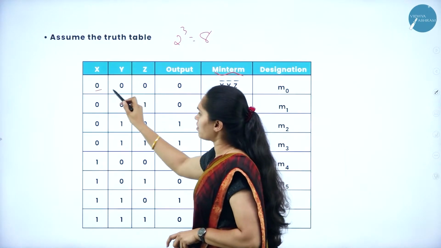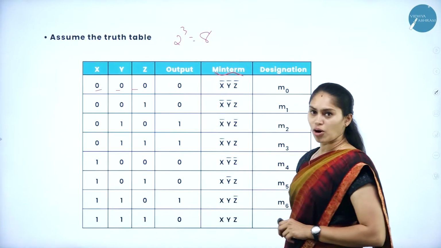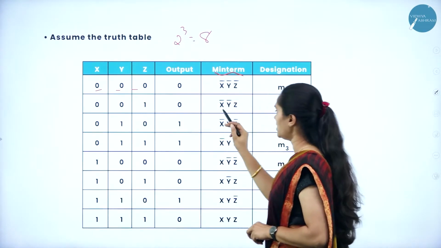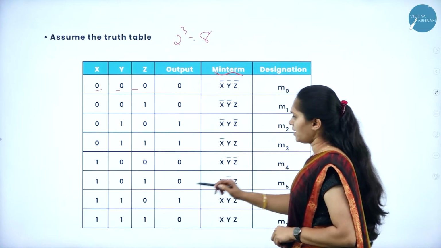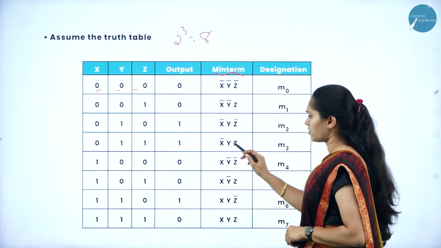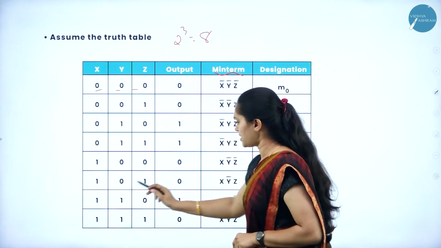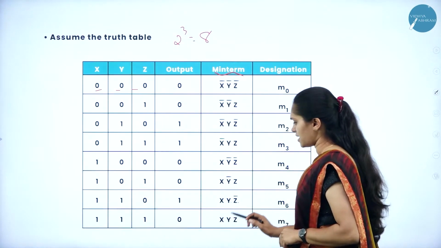So wherever we have 0, in the place of that variable, we are going to get the complemented value. So x bar, y bar, z bar for 0 0 0, x bar, y bar, z for 0 0 1, x bar, y, z bar for 0 1 0, x bar, y, z for 0 1 1, and x, y bar, z bar for 1 0 0, x, y bar, z for 1 0 1, x, y, z bar for 1 1 0, then x, y, z for 1 1 1.